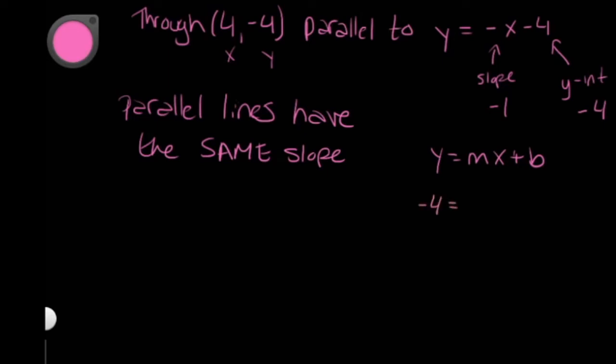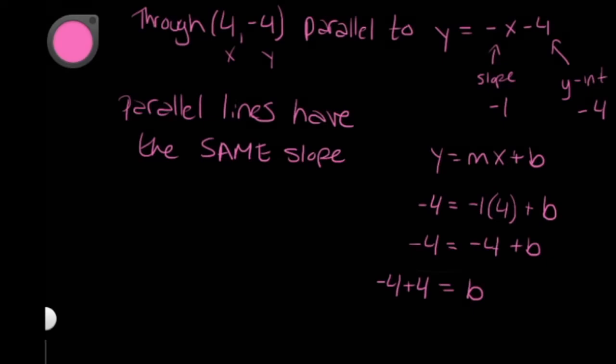My slope is -1. The x I'm going to plug in is 4 plus b. I don't know what b is. So let's work through this. -1 times 4 is going to be -4. So I have -4 equals -4 plus b. If I want to solve for b, I'm going to isolate b. So I'm going to move this -4 to the other side. So -4 becomes +4 on the other side. So -4 plus 4 equals b.